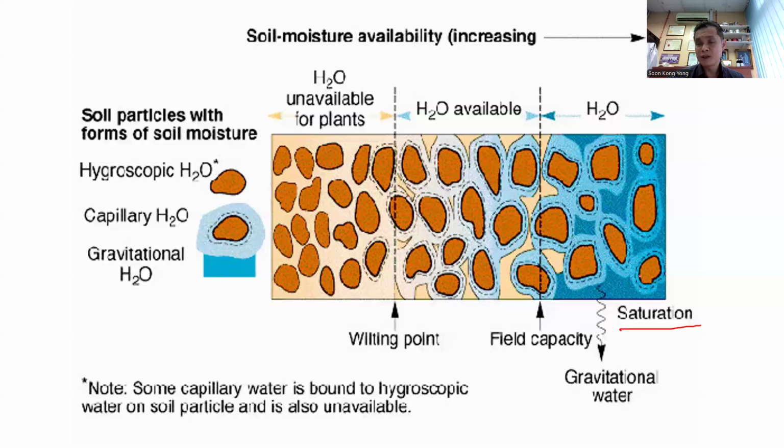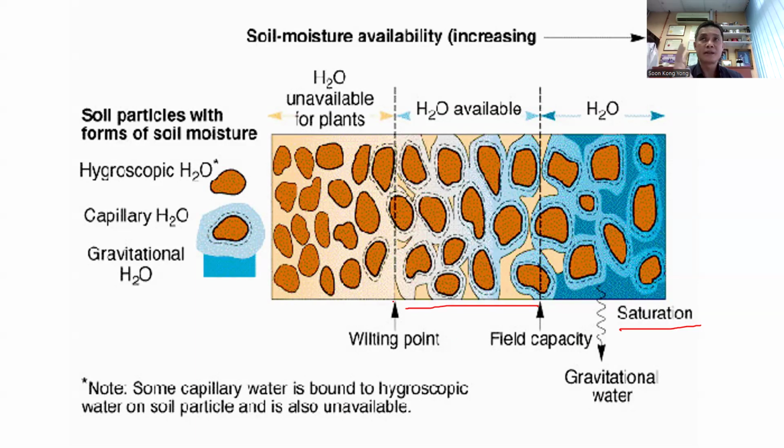Now, after a certain period of time, when gravity pulls away all the gravitational water, you will have only capillary and also hygroscopic water. So in this case, it is between the field capacity and also the wilting point. Now, where is the wilting point?